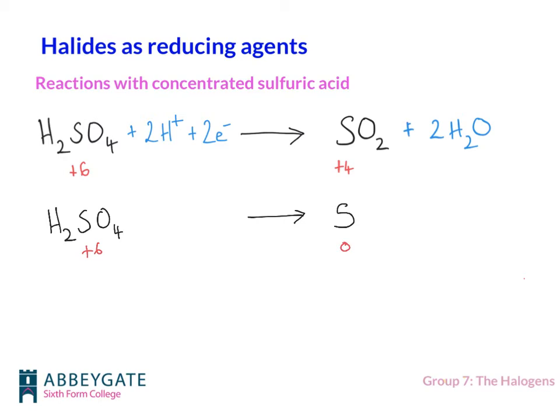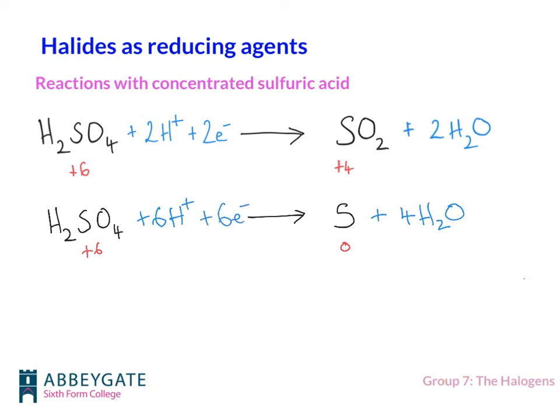Now, to do this, we need to balance it again, so we can see that we've got 4 oxygens, so we're going to need to add 4 waters on the right-hand side. And that's going to involve needing 8 hydrogens. I've already got 2, so if I put 6 H pluses, and to balance those 6 H pluses, I'm going to need 6 electrons.